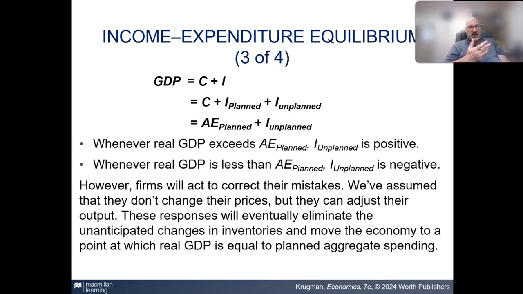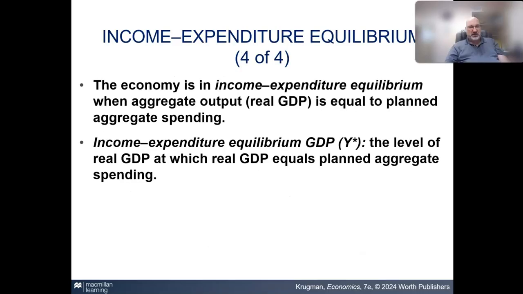So firms always act to correct mistakes. They don't change their prices, but they can adjust their output. And that's what I was telling you about unemployment and income. We're just going to fire people. Those responses eventually eliminate the unanticipated changes in inventories and move the economy to a point at which real GDP is equal to planned aggregate spending.